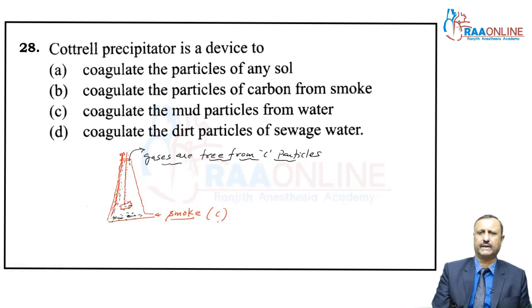In smoke, carbon particles are present, and they are neutralized, and these neutralized particles are coagulated. So, you can see here the Cottrell precipitator. For question number 28, you take the answer B: coagulate the particles of carbon from smoke, and this is called Cottrell precipitator.